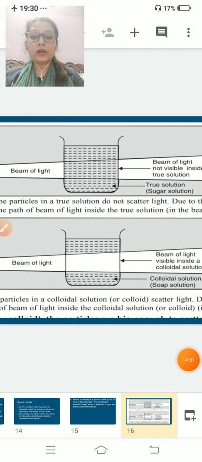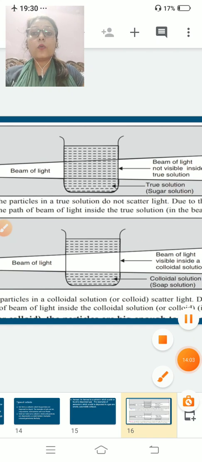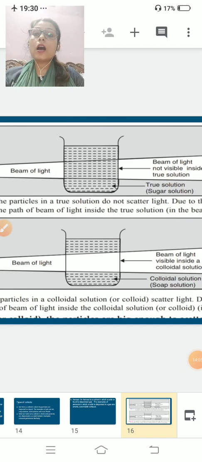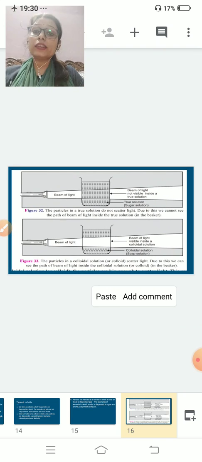And instead of a colloid, if you take a suspension, in a suspension also light will scatter. That means colloids and suspensions will show the Tyndall effect, and a true solution will not show the Tyndall effect.